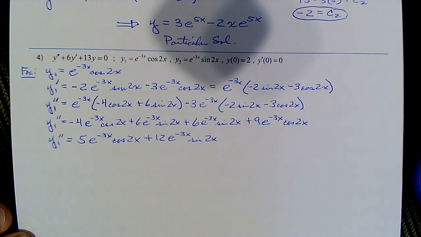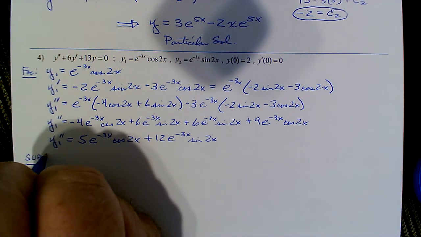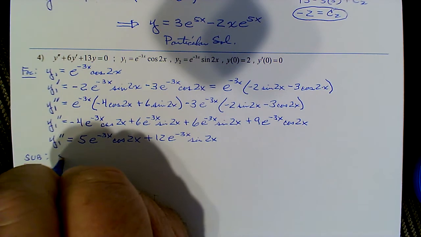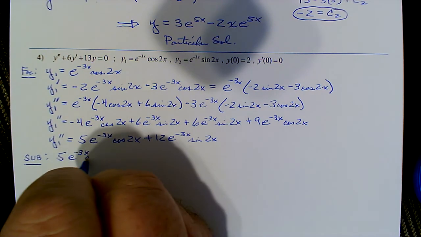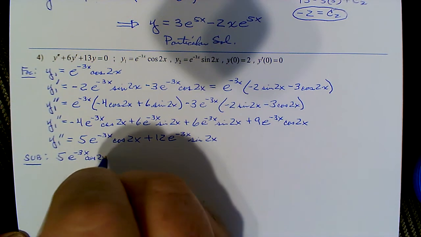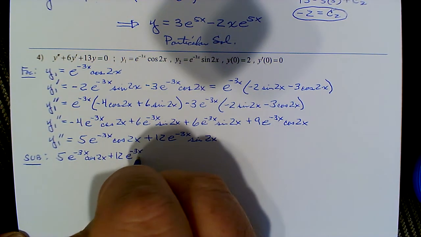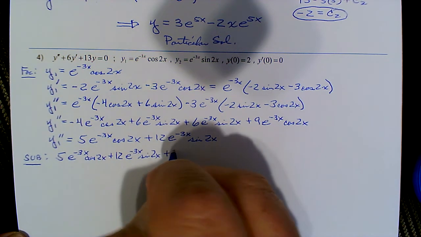So verification is kind of tedious here, but our substitution, okay, I'm not going to rewrite the equation, it's y double prime, so what we just found, 5 e to the negative 3x cosine 2x plus 12 e to the negative 3x sine of 2x, and then plus 6 times y prime.